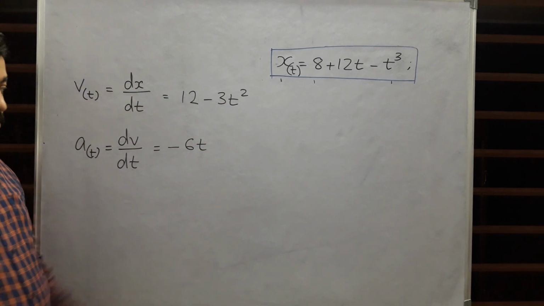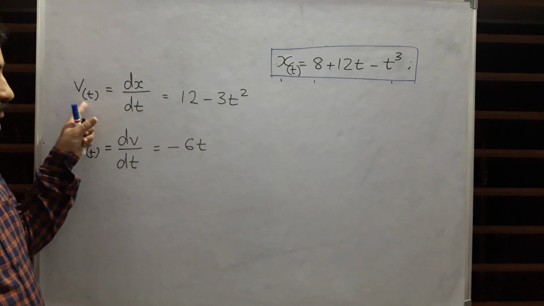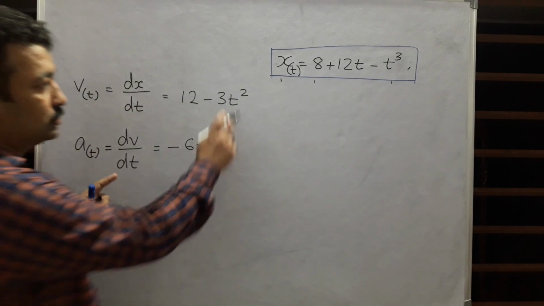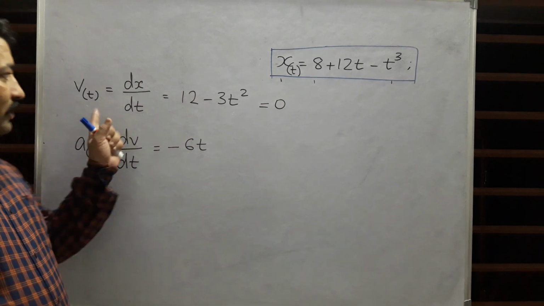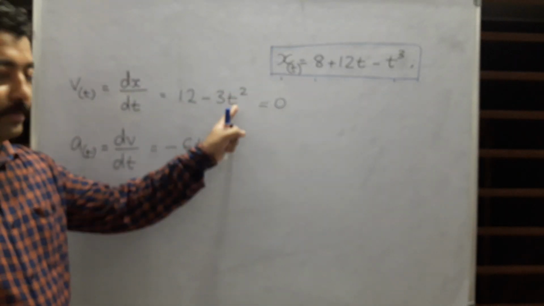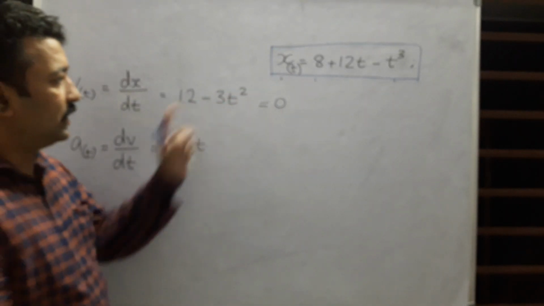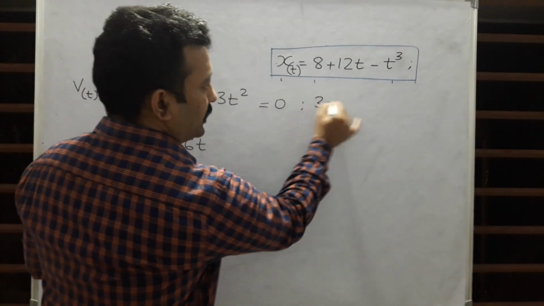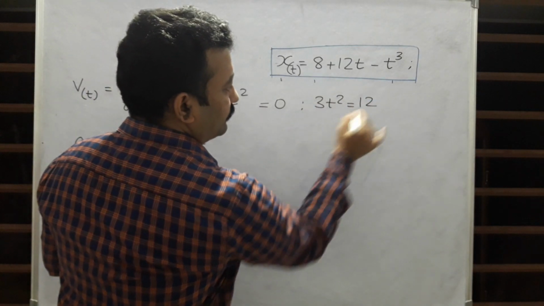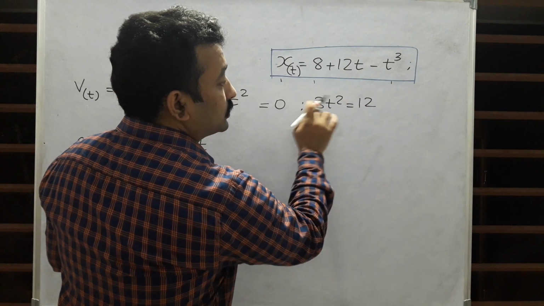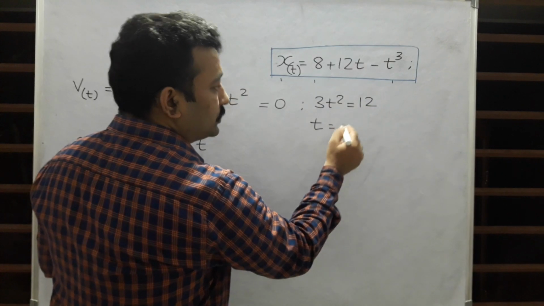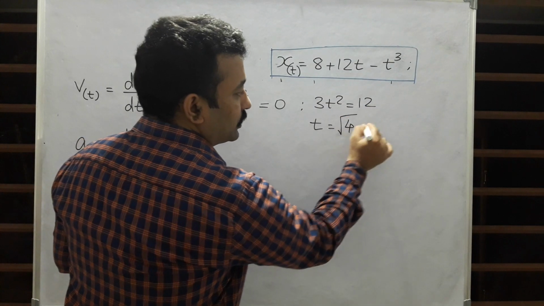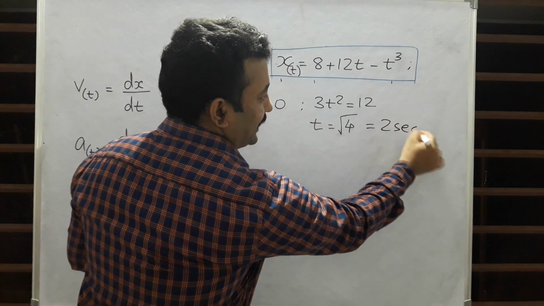Your problem is, at what time does v become 0? So equate this to 0. That means when the velocity becomes 0, what is the time? Solving this, I get 3t square is equal to 12, so t square is 12 by 3, that is 4, and t is root 4, that is equal to 2 seconds.